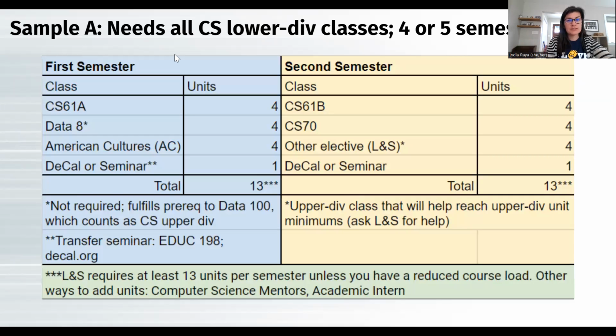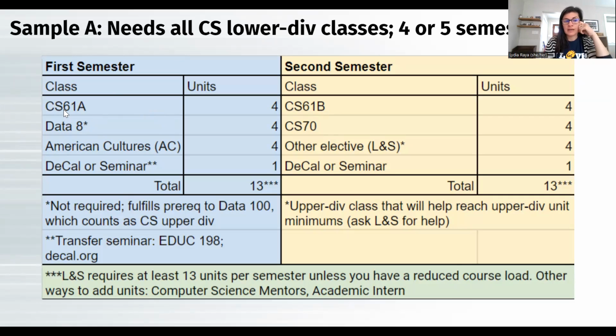Okay, so here's an actual sample plan. This would be for a student whose school did not offer any of our CS classes, and they need to take everything after transferring. This would be for 4 or 5 semesters.